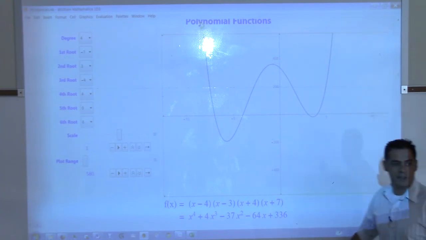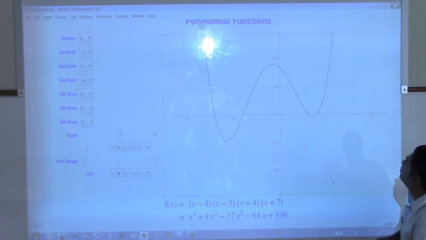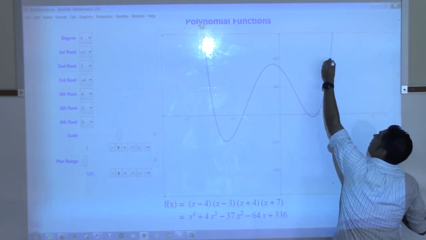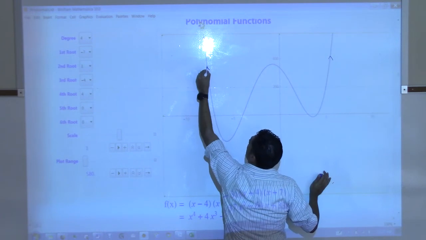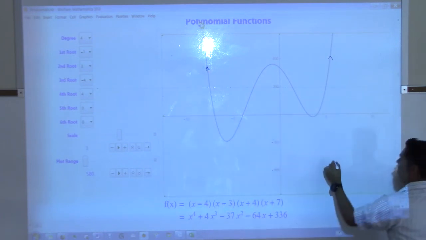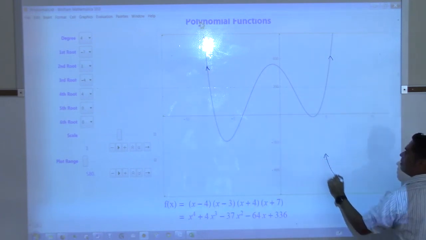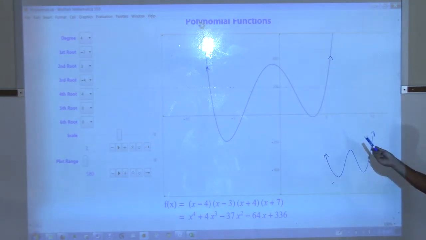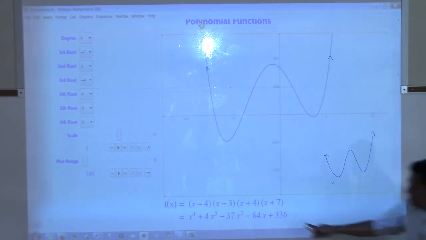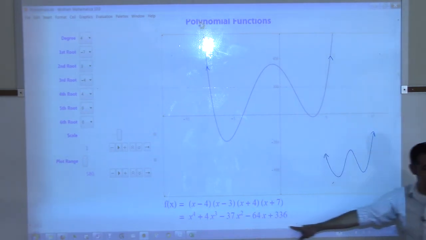Can you all make sense out of that? This polynomial, I can't reach up there, but let's just imagine that's an arrow that goes up and an arrow that goes up. So this thing looks like this. Okay? This is a polynomial function. Which one is it? That one right there. See that?